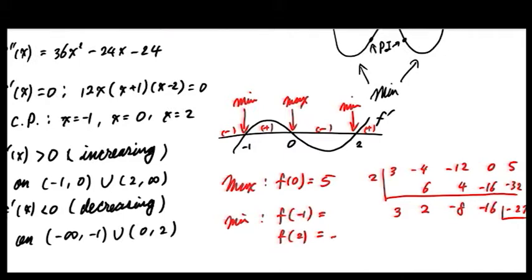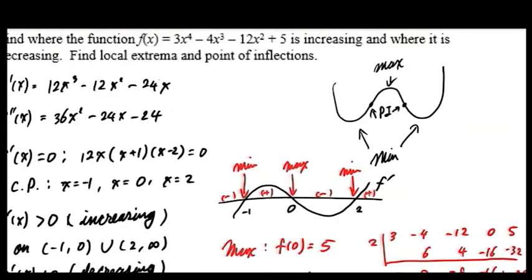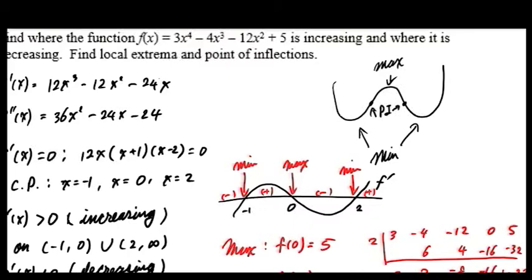Okay, what is f of -1? Oh, come on. 0. 0, okay. So now we know the location of this thing, right? This one is -1, 0, and this one is 0, 5, and this one is 2, -27.